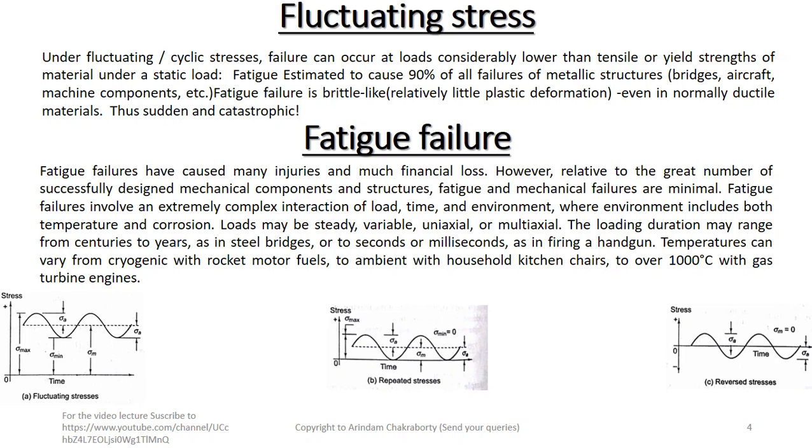Fluctuating stress means there are irregularities in the stresses, which makes the problem. Repeated stress means the stress you apply, you remove it, apply, remove it, apply, remove it. And reverse means when you apply negative stress, that means compressive and tensile stress are both acting one after another, then we say it is a reverse stress.